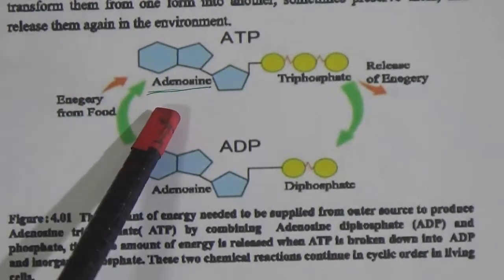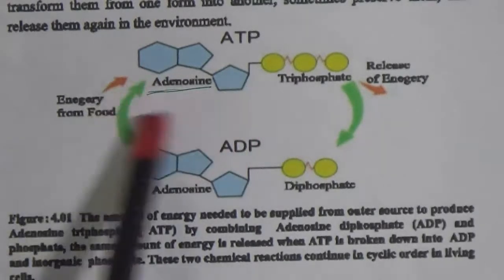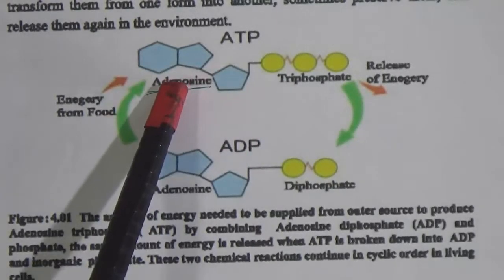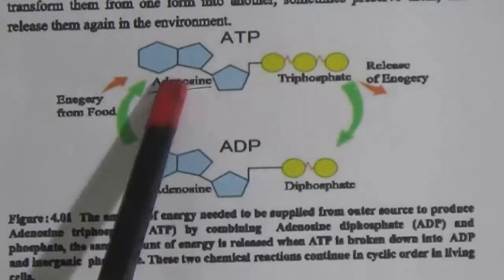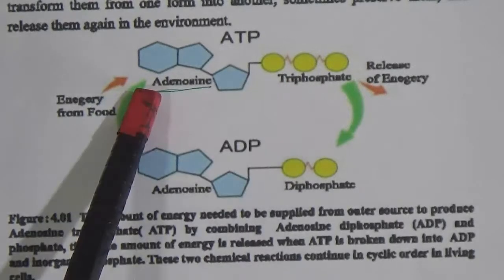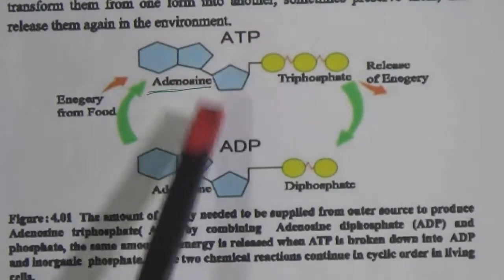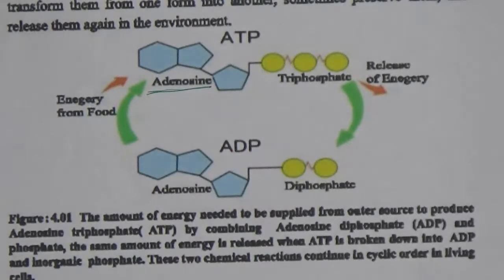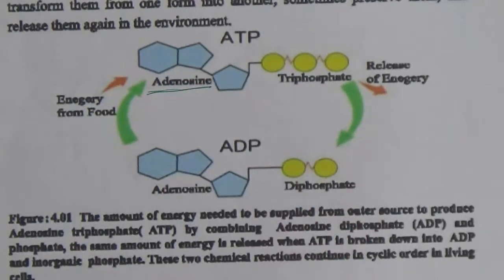This adenosine is a nitrogen base stored in our DNA, and in adenosine, a triphosphate group is added. Here we are learning ATP, ADP and AMP. That means adenosine triphosphate, adenosine diphosphate, adenosine monophosphate.